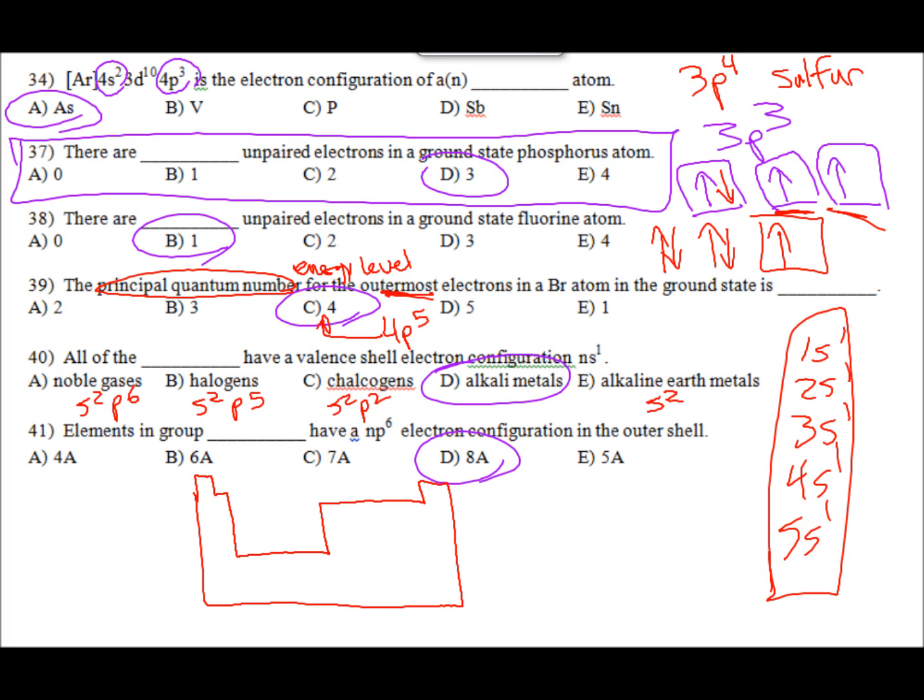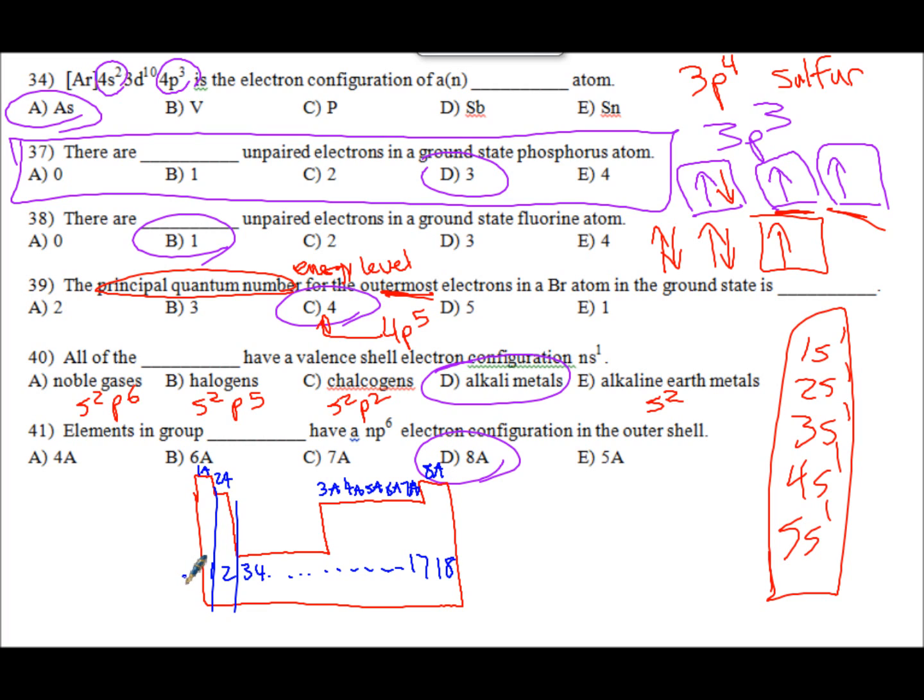So we have 2 ways of describing the groups. So this is group 1, 2, 3, 4, 5, 6, 7, 8, 9, 10, up to 17, 18, just counting straight across by group. The other way is to do the representative elements and just do the primary column. So this is 1A, 2A, skip a few, 3A, 4A, 5A, 6A, 7A, and then the noble gases are 8A.